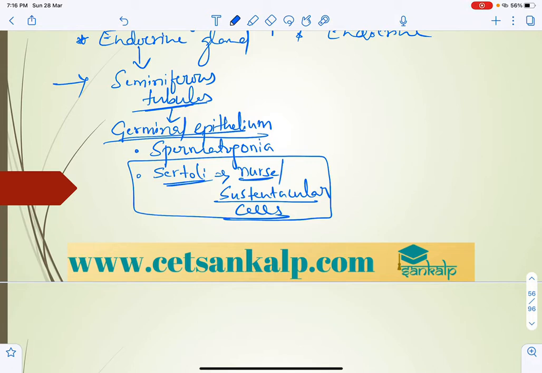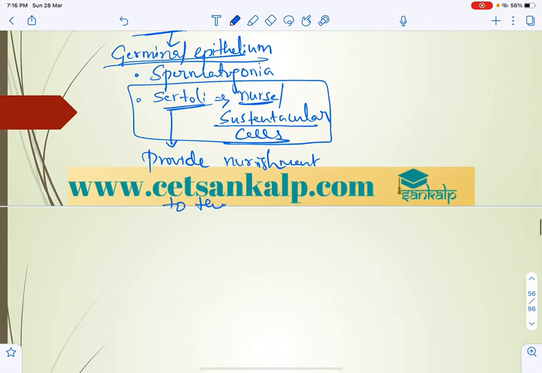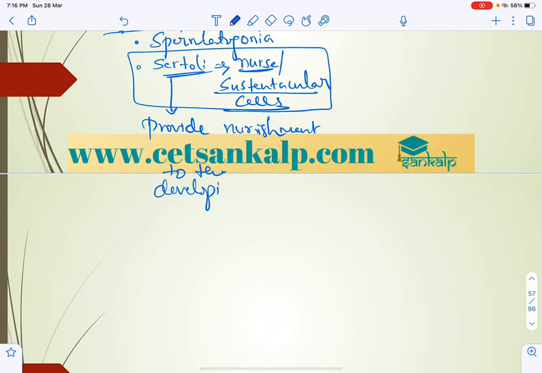Sertoli cells, nurse cells or sustentacular cells provide nourishment to the developing spermatogonium, mainly the spermatid, which will finally be converted into spermatozoa, and that gets matured and becomes sperm.